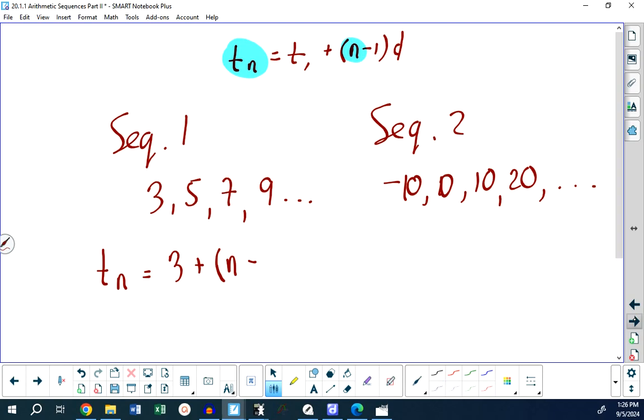Why? Because T1, the parameter T1 for this sequence is 3, and the parameter d is 2. Here's my equation that I can use to unlock any piece of this sequence. It has variables, n and Tn, and the parameters that make my work possible.